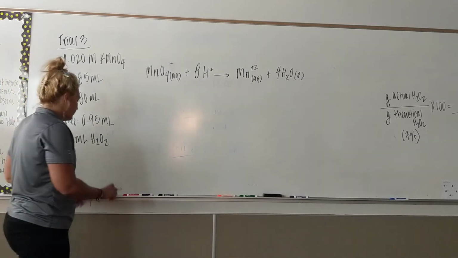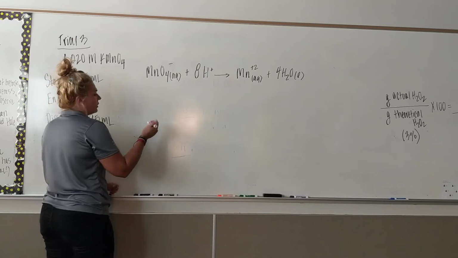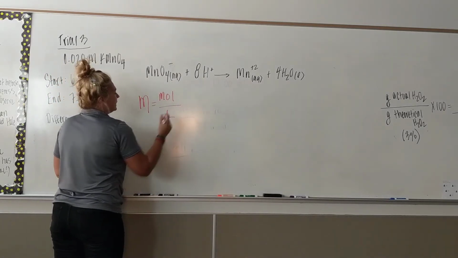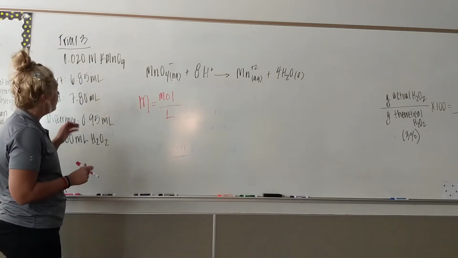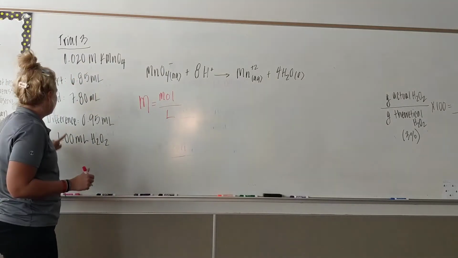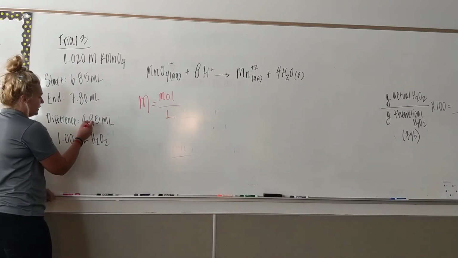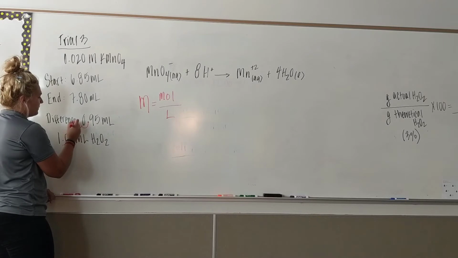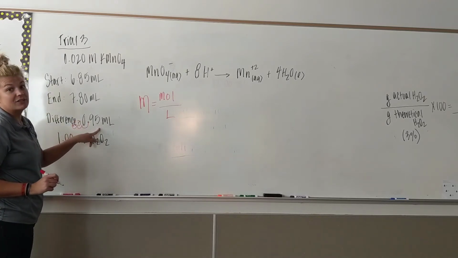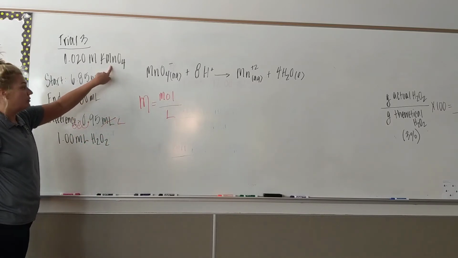Okay? So let's refresh our memory here. Molarity is equal to moles over liters, right? So there's a couple of things I have. I have the molarity, and I have liters, okay? I don't have liters yet, but I can turn it into liters. So we can go 1, 2, 3. I actually have 0.00095 liters of potassium permanganate that I used, okay?